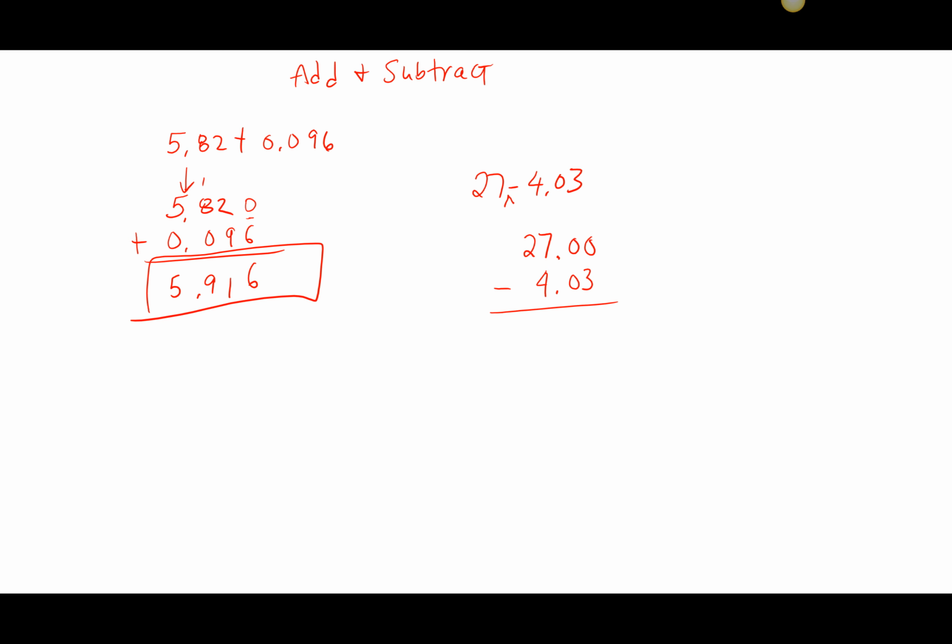See, we got it lined up. Of course, you're going to have to borrow. So that's going to be 22.97. Okay? So line up your decimals, and then add zeros where they're needed. All right? Pretty easy stuff.